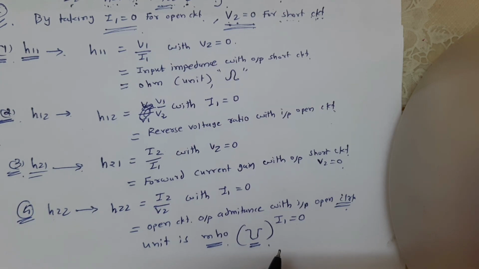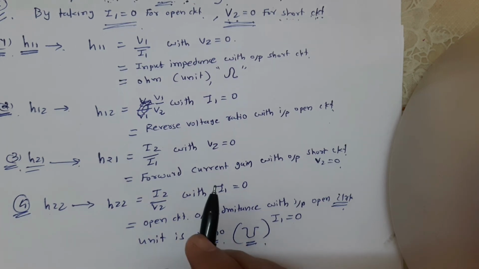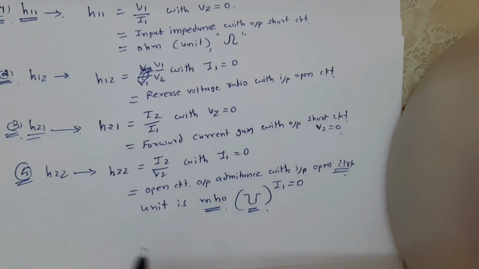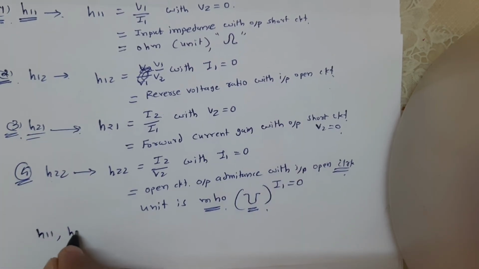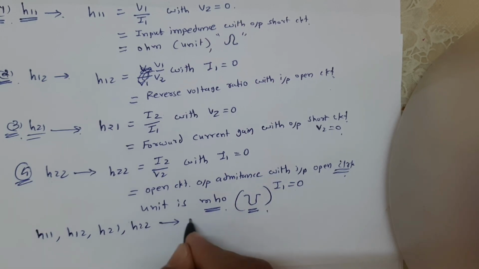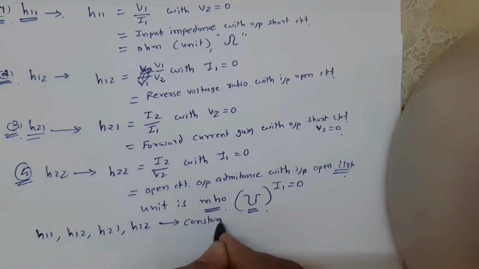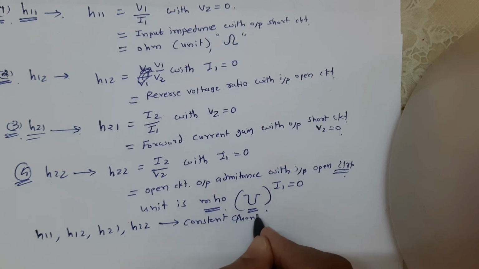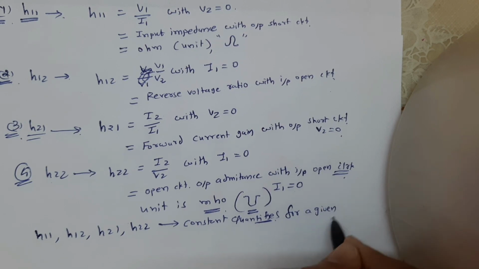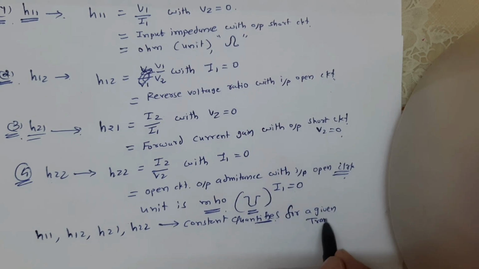These are the 4 H parameters. The H parameters H11, H12, H21 and H22 are constant quantities for a given transistor.